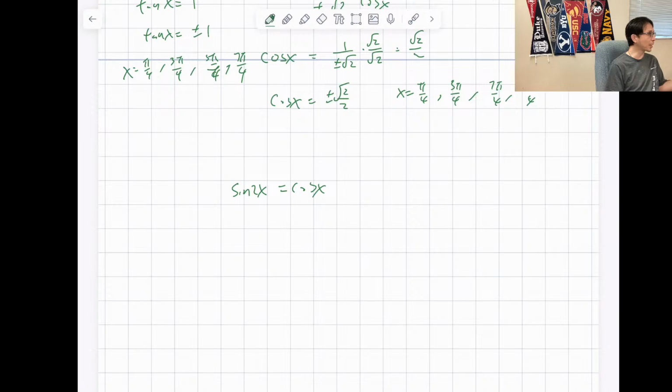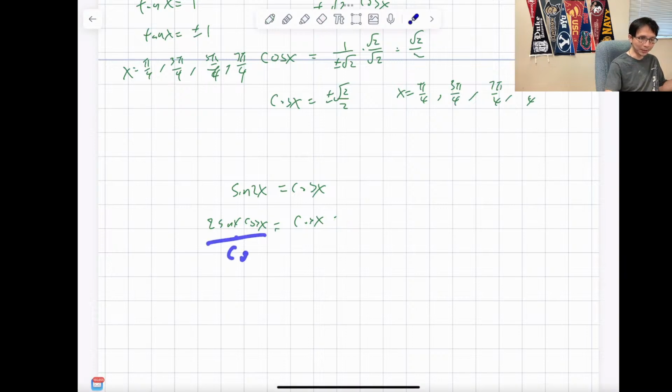Which one do I want to change? Well, there's only one I can change. Let's choose sine of x and cosine of x, right? Do I move the cosine x to the other side? No. You're going to say, well, why can't I do this? I can divide both sides by cosine of x. What's wrong with doing that?